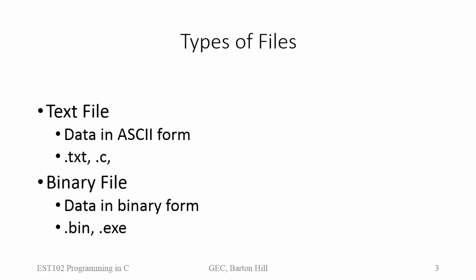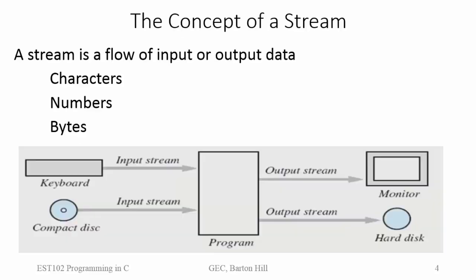In a text file the data is in ASCII form, and it can be read using editors like gedit, nano, notepad++, etc. It will have extensions like .txt, .c, .java, etc. In the case of a binary file, all the data is in binary form, with extensions like .bin, .exe, and these are not as easily readable as text files. In a binary file we write the data in raw byte form. So remember the differences between the two types of files.